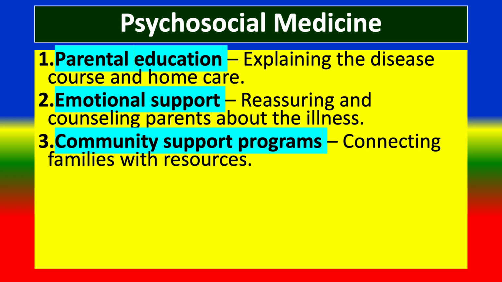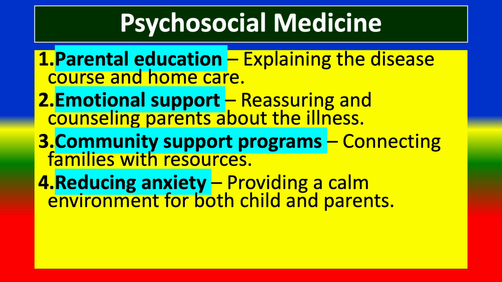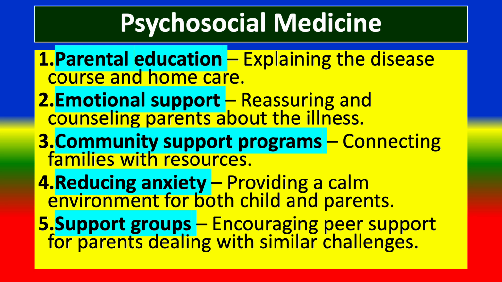Community support programs, connecting families with resources. 4. Reducing anxiety, providing a calm environment for both child and parents. 5. Support groups, encouraging peer support for patients dealing with similar challenges.